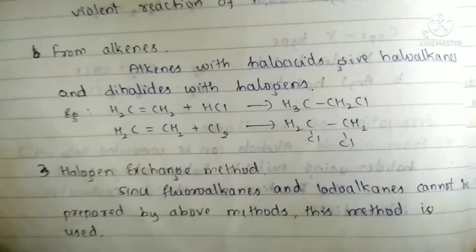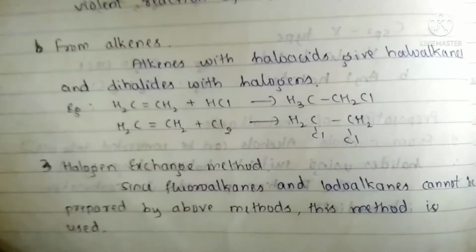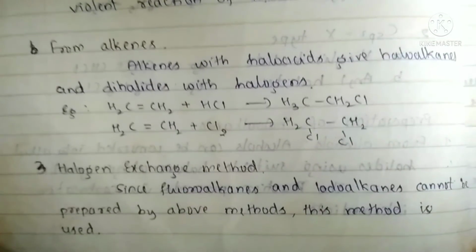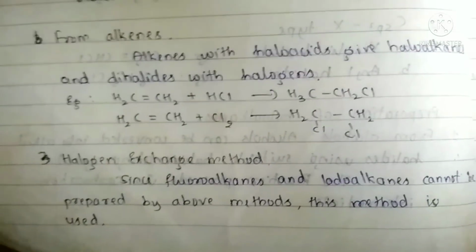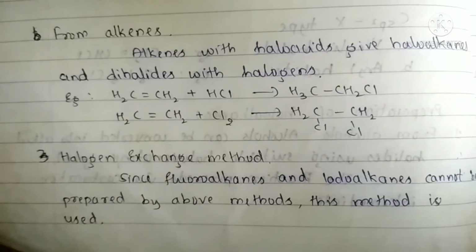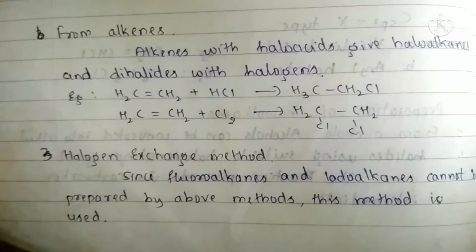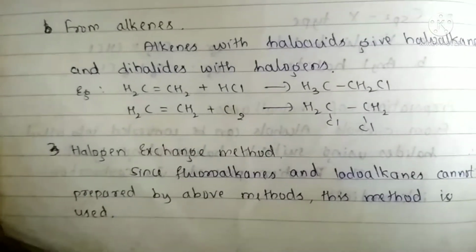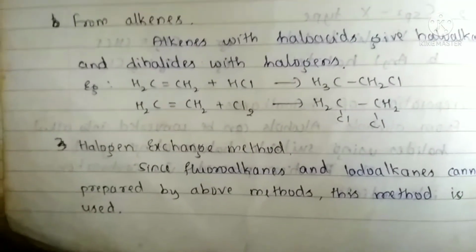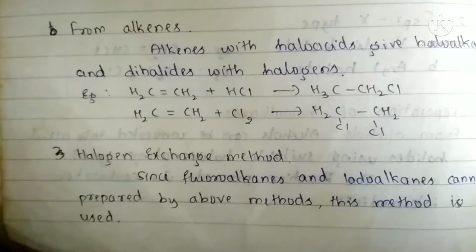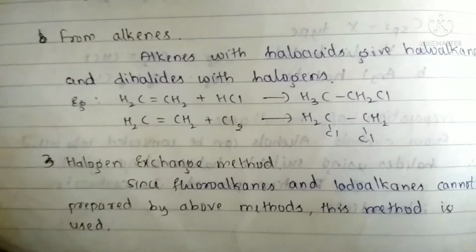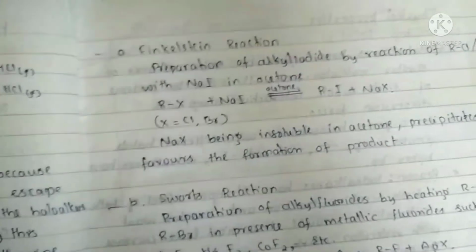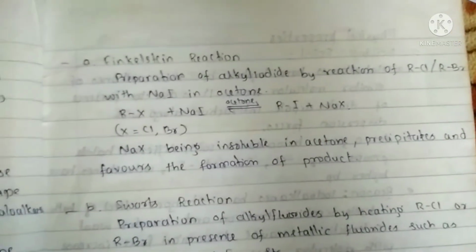For this, we have two named reactions which are very important from your exam point of view. You can remember the two names by the help of FS-Fi, in which fluorine will be exchanged in the case of Schwarz reaction, and iodine will be exchanged in the Finkelstein reaction. You can remember this small acronym, FS-Fi. Let us understand now what is Finkelstein reaction and what is Schwarz reaction.